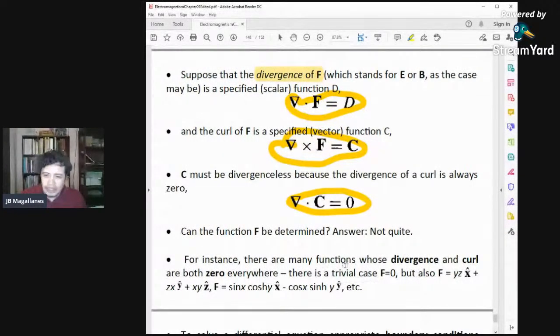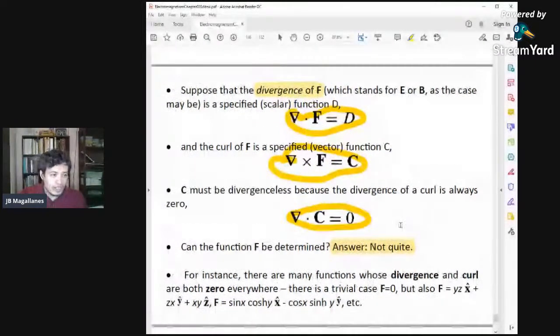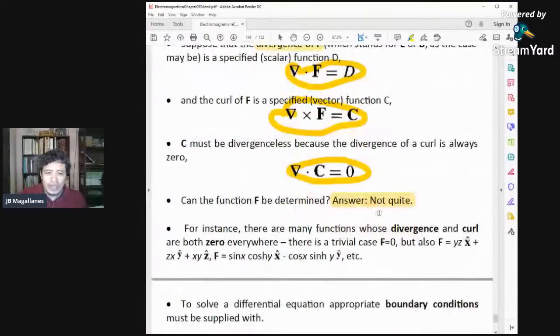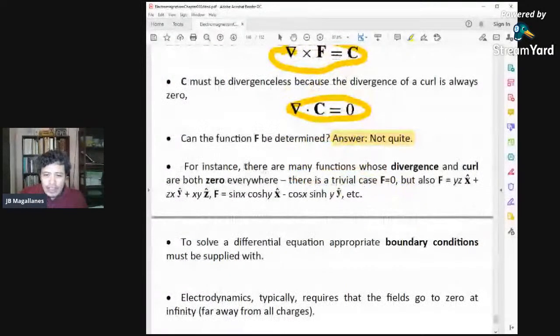The answer is not quite. It lacks something: some specification called boundary condition. You cannot determine f yet because there are many functions whose divergence and curl are both zero. An example is f equal to zero. The divergence and curl of this trivial function are zero.